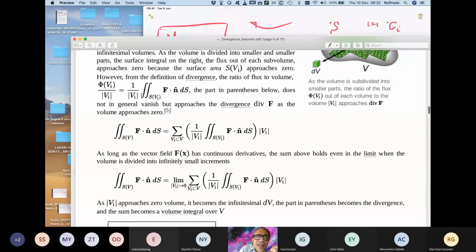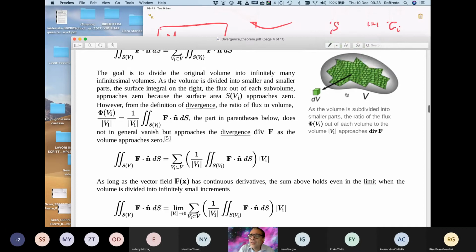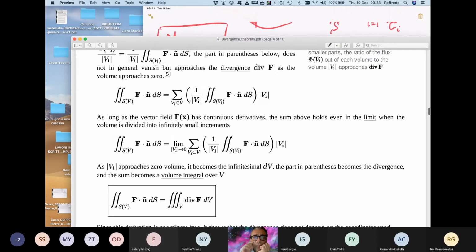Either these VIs are all cubes, and then this equality is not true, or you consider some of these VIs not being a cube on the boundary, but one side is faces of a cube and the other side is curved following the lateral surface of the volume. Okay, then this equality is true. Then you calculate this limit when the volume tends to 0.